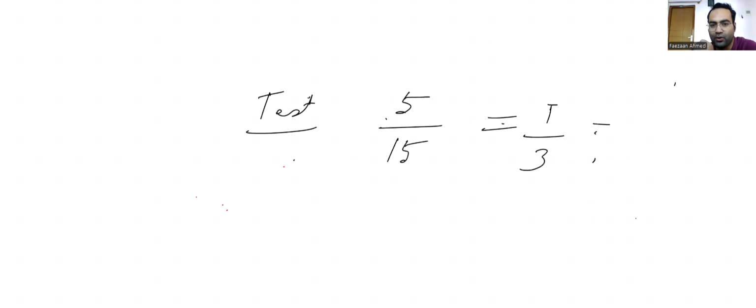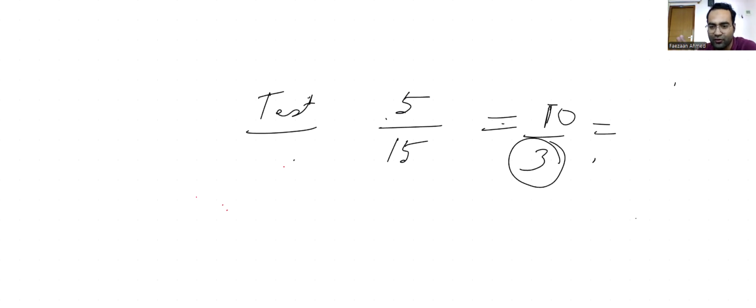So suppose I take a number like 5 upon 15. First, always simplify. It becomes 1 upon 3. Now, if you see a number which is less than the denominator, then add zeros. That's how you multiply also.